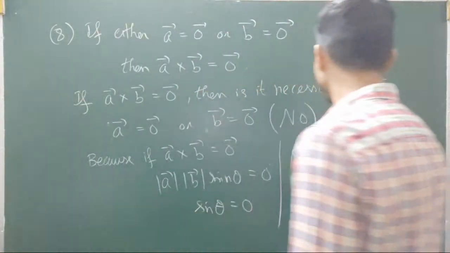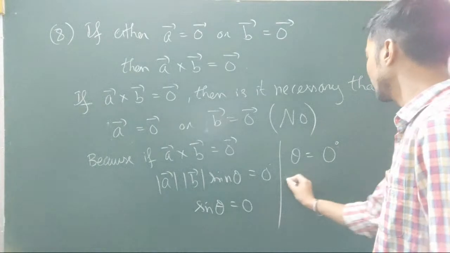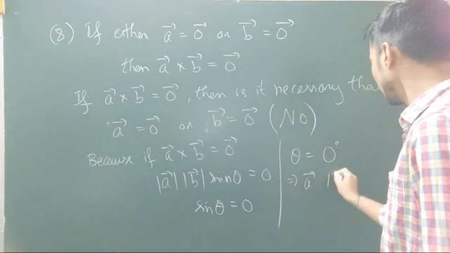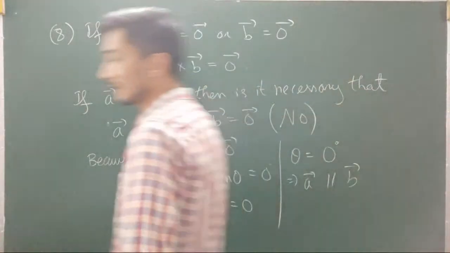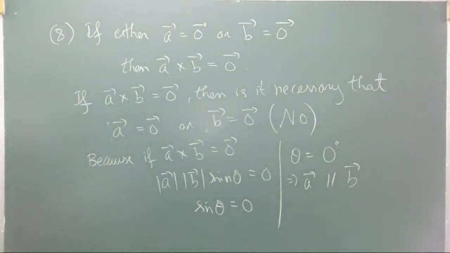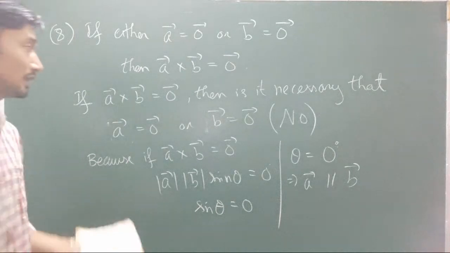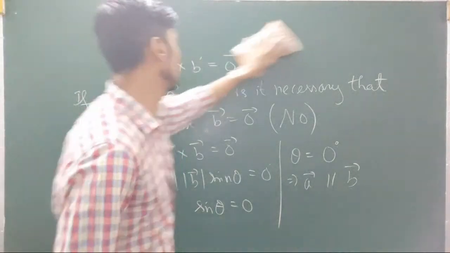So that means theta is equal to 0 degrees. So that means A is parallel to B. So the only condition is that they can be parallel. Alright, so it's not compulsory that they have to be zero vectors.